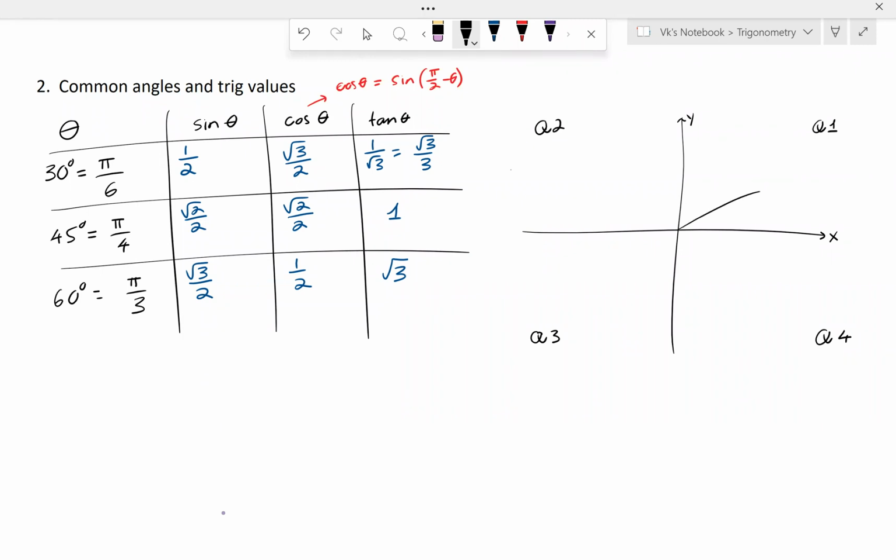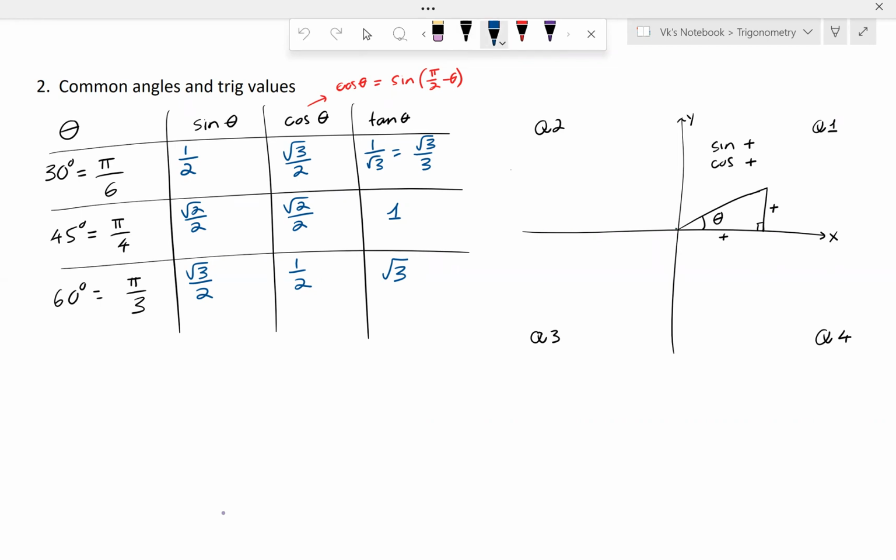If the angle is in the 1st quadrant, then we know that the opposite and adjacent are positive. Then from here, sine is positive, cosine is positive.